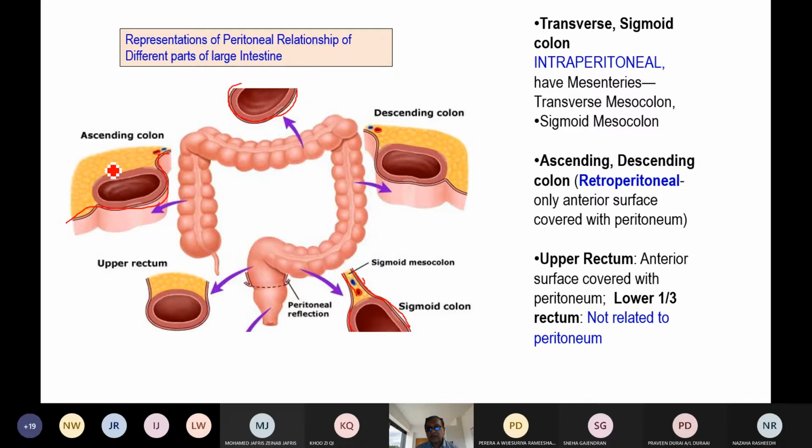So the posterior part becomes retroperitoneal or non-peritoneal. Same with the descending colon. But the cecum is one of the organs which is fully covered with peritoneum, unlike the ascending and descending colon. Similarly, the rectum: you can see the upper part of the rectum is peritoneal, but the lower part is not wholly peritoneal.